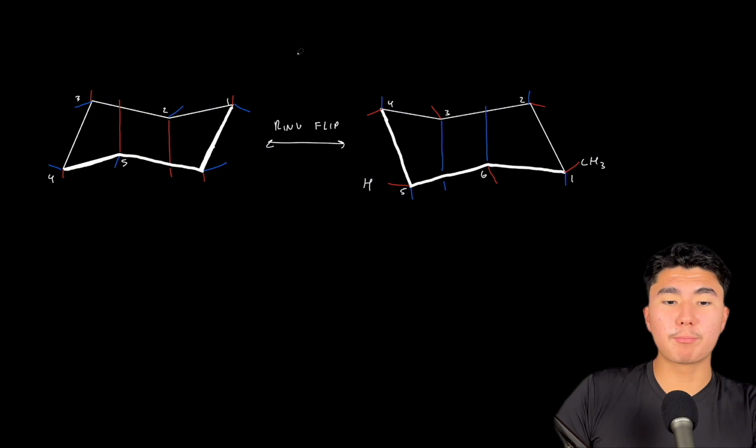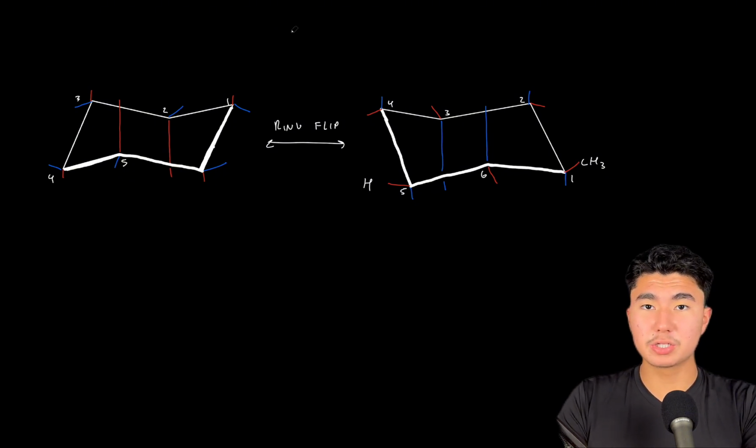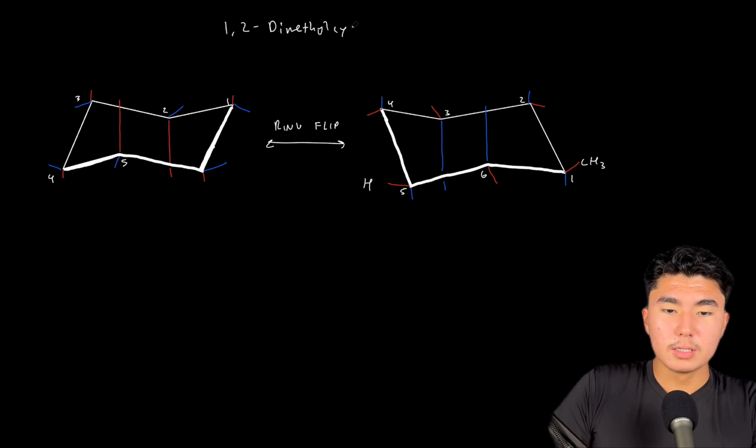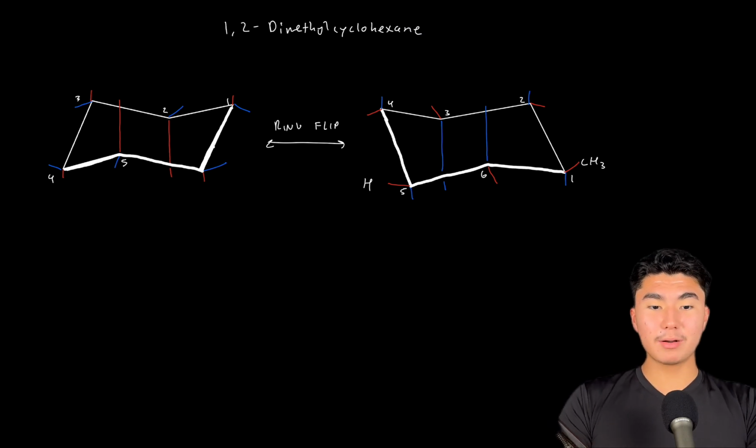So now let's go through some practice on ring flipping and looking at these diaxial interactions. And we're going to start off by looking at 1,2-dimethylcyclohexane. And again, sorry for the bad handwriting, but first let's look at what we're looking at.